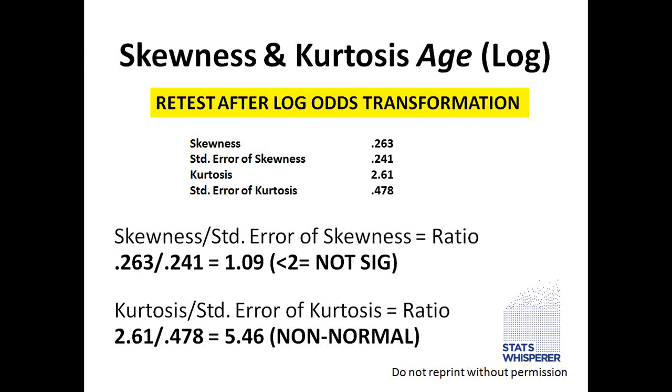So the kurtosis is still significantly non-normal. So the log odds, and not that it does this every time, not only changed our values so they're not interpretable, but it didn't even really fix, for lack of a better word, the challenge we had with our kurtosis.